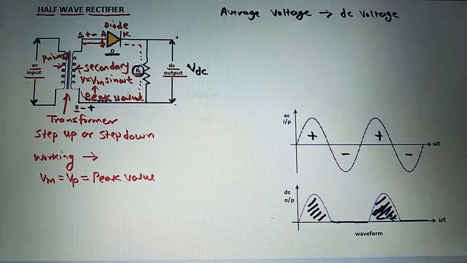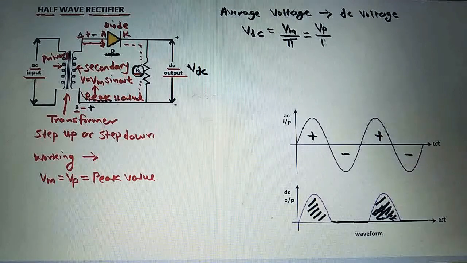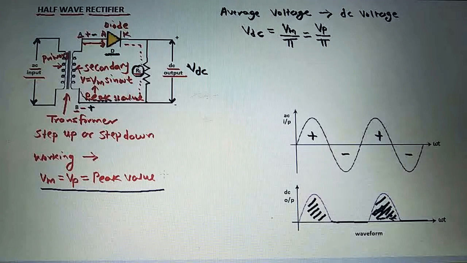This VDC, that is the average DC output voltage, is equal to Vm upon pi, or we can write it as Vp divided by pi, because Vm is equal to Vp, the peak value. So this is the formula to find the average voltage across the load resistance of a half wave rectifier.